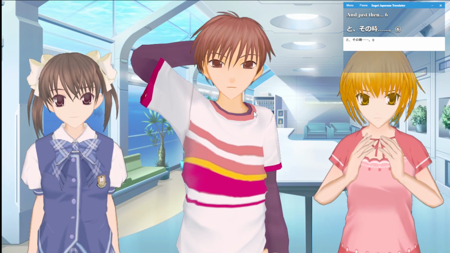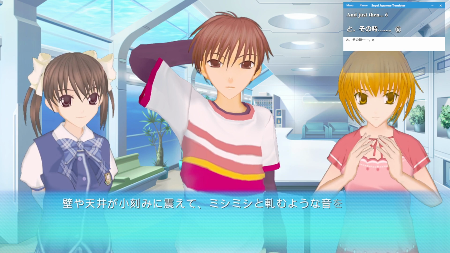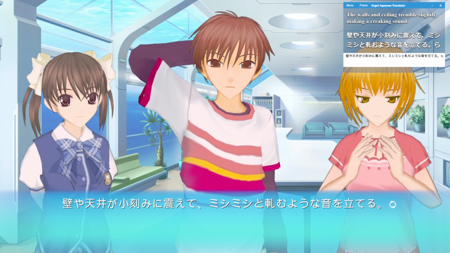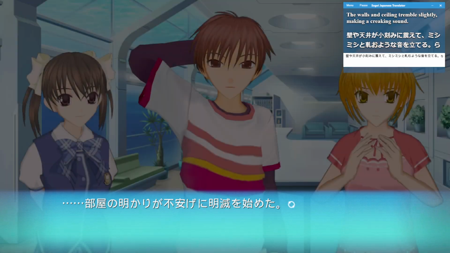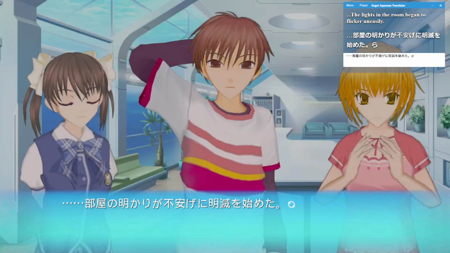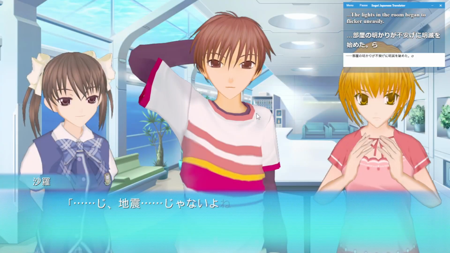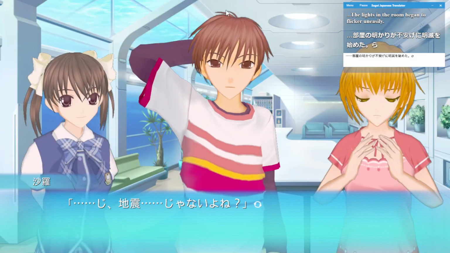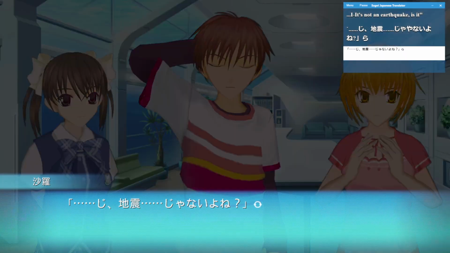And just then, at that time, the walls and ceiling tremble slightly, making a creaking sound. The lights in the room began to flicker uneasily. It's not an earthquake, is it? That's what Sara said. You were like, what?